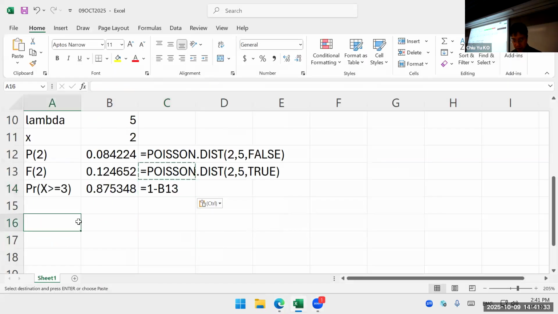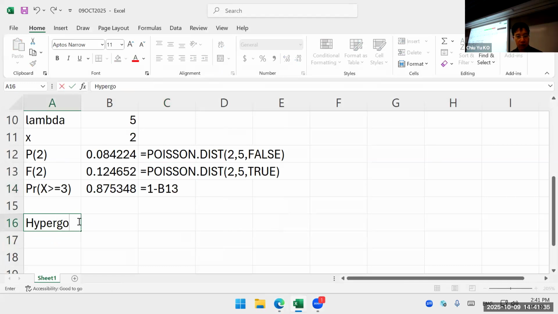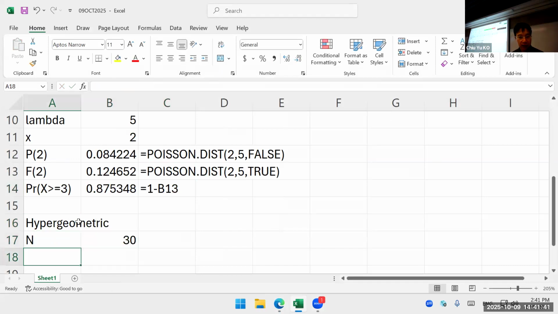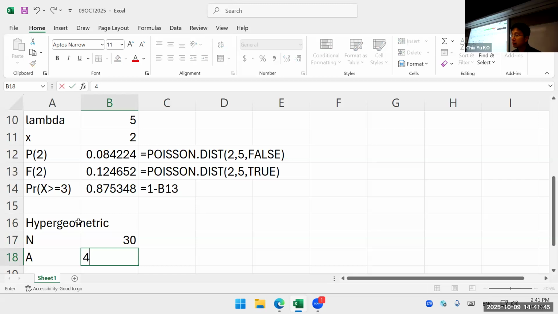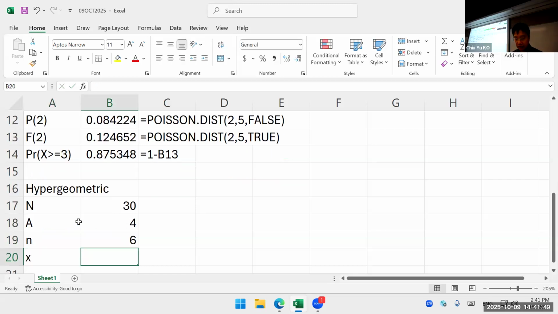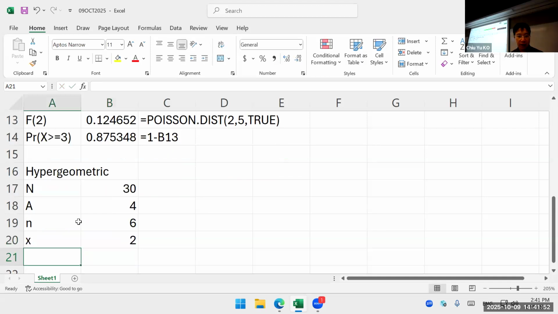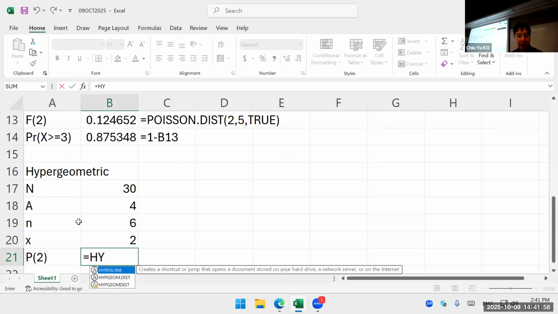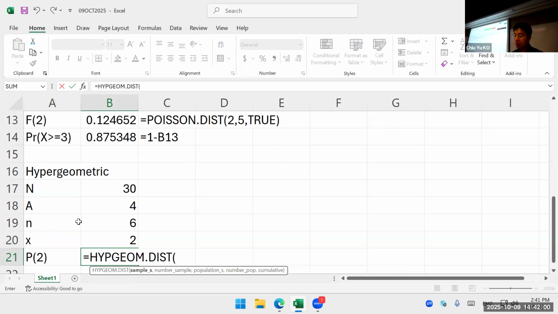So let's do hypergeometric. And 30. A is how many defective items? It is 4. N is 6, and X is 2. You want to calculate P of 2. So just hypergeometric distribution.